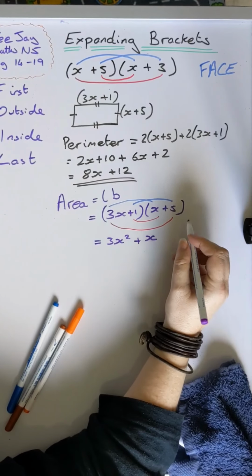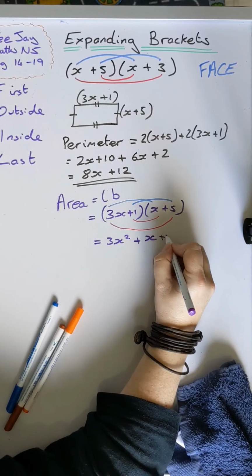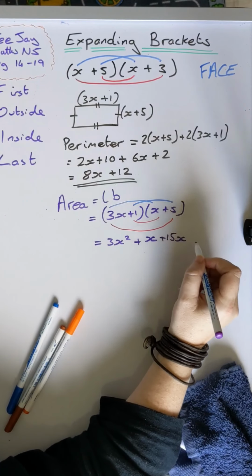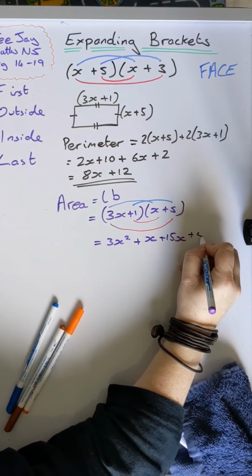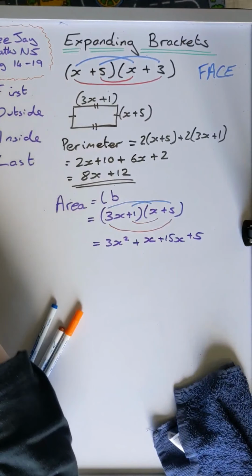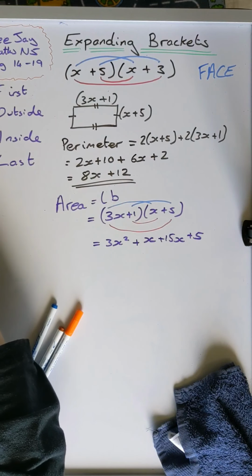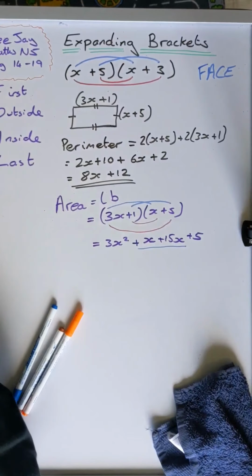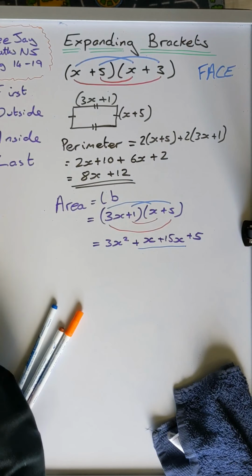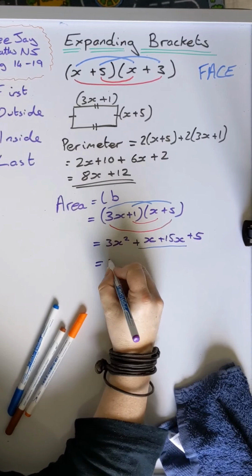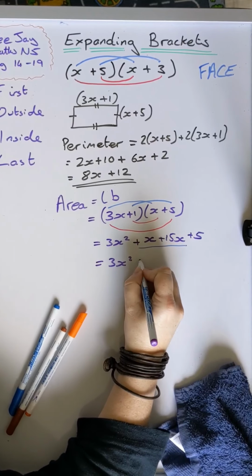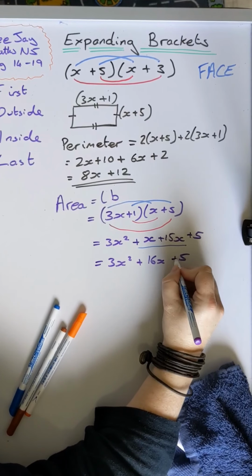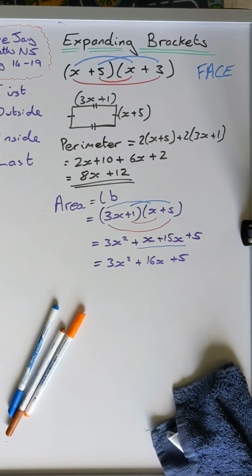The mouth is 5 times 3, which is 15x. And finally we have 5 times 1, which is 5. And again here, we can collect these like terms. So what we've got in the end is 3x squared plus 16x plus 5 as our area.